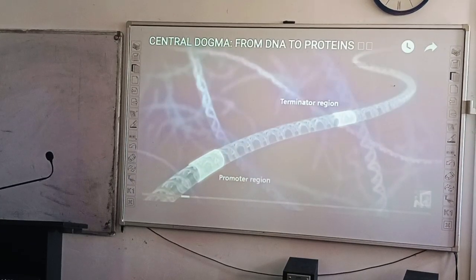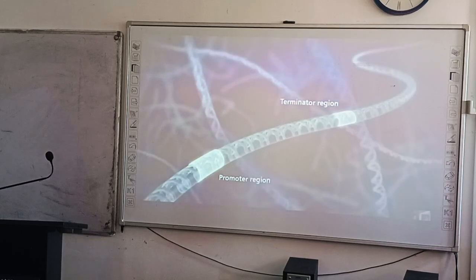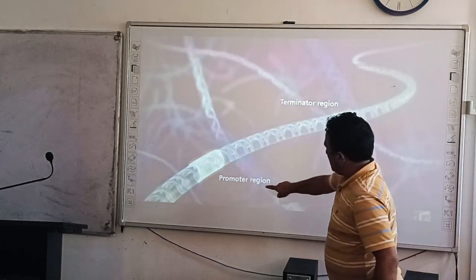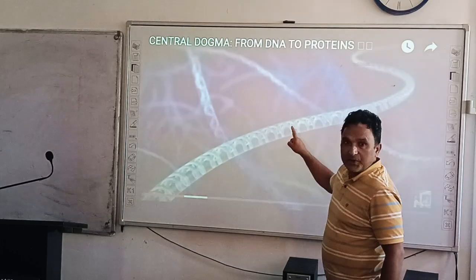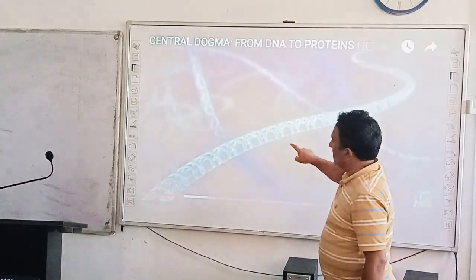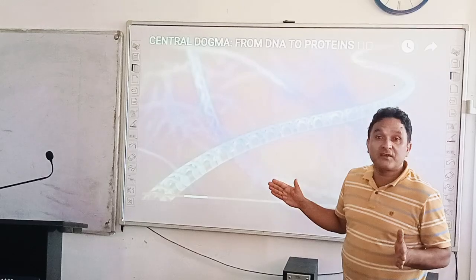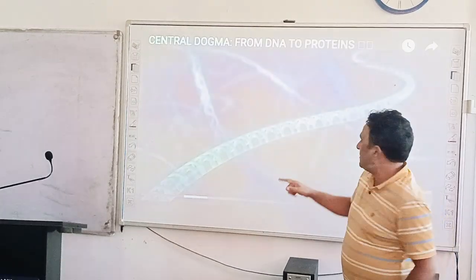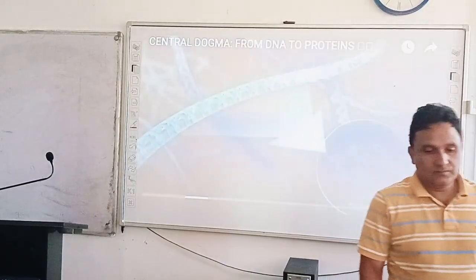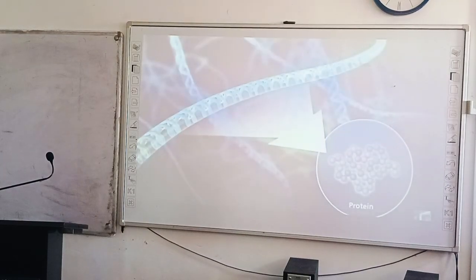For some genes, there is a promoter and a terminator also. This is the transcription unit. The encoded RNA is used to synthesize a protein in a process called gene expression.